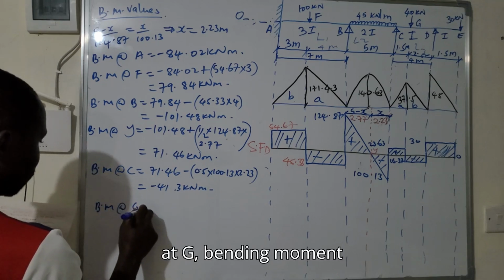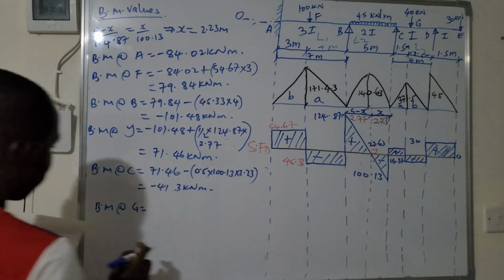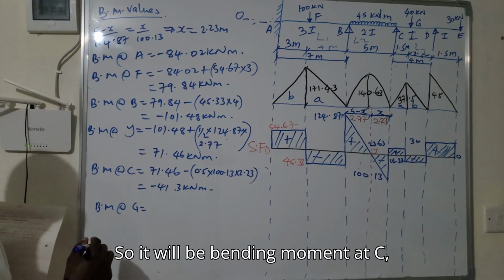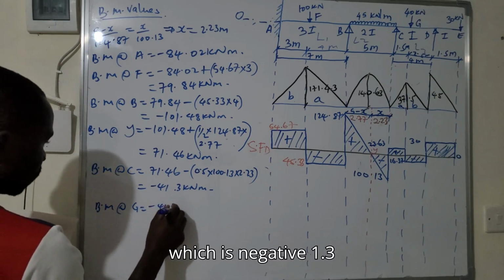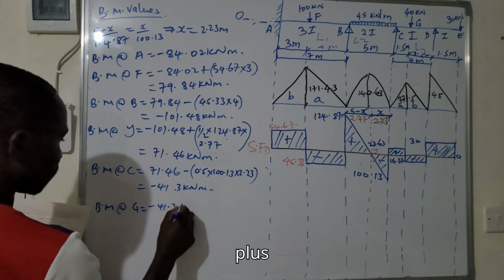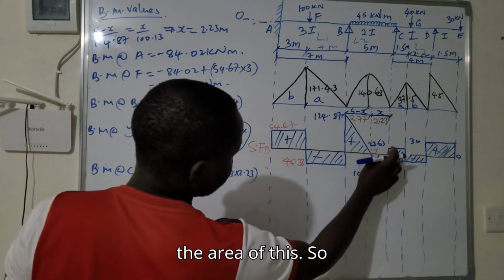So bending moment at G, at this point. It will be bending moment at C, which is negative 41.3, plus the area of this.